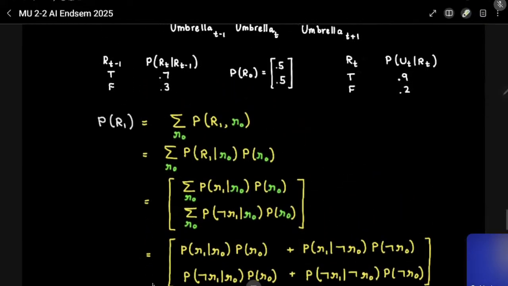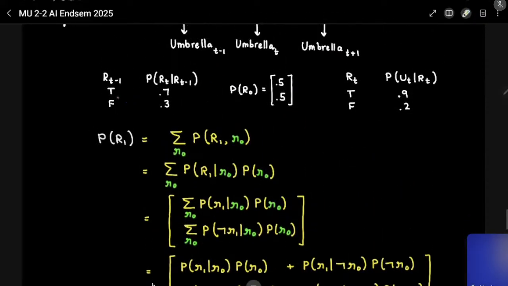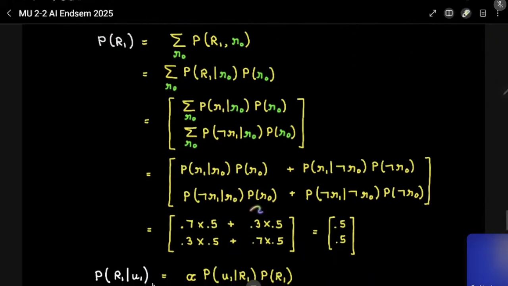Not R0 means, let's say it will not rain on day 0. Then what is the probability that it will rain on day 1? That is 0.3.